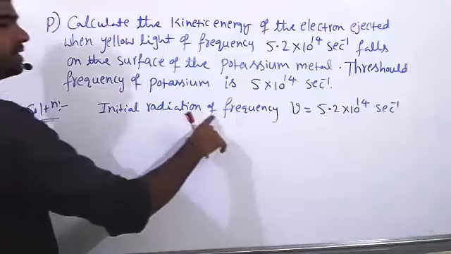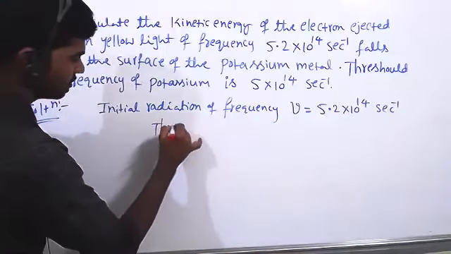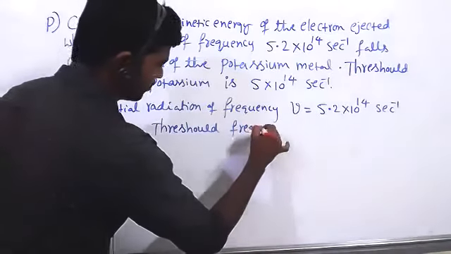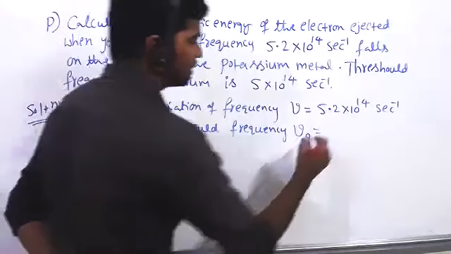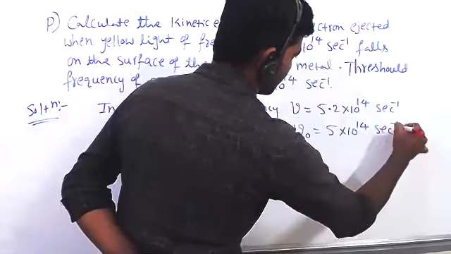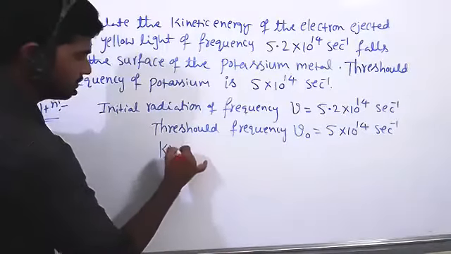So the initial radiation frequency is this, and the threshold frequency nu zero is 5 into 10 power 14 second inverse. Now we have to calculate kinetic energy.